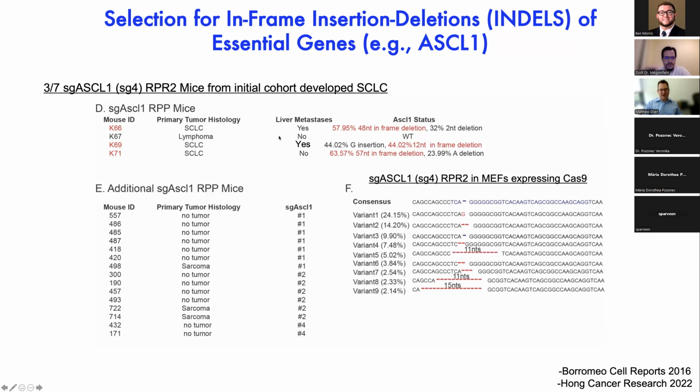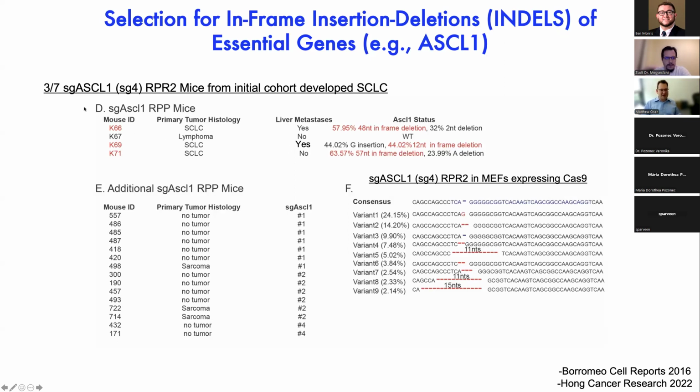And what we found was quite interesting. And this gets at some differences between classic genetic models, where the gene itself is always going to be deleted, and then you can analyze the phenotypes associated with that. Whereas in these CRISPR models, you can look at selection, in this case for ASCL1, to get at really how critical is that gene and what do the cells do to try to bypass this gene.